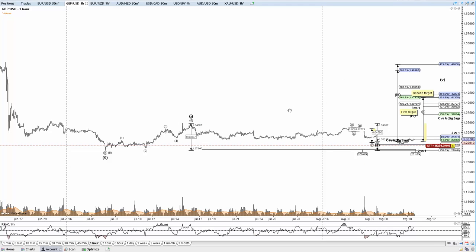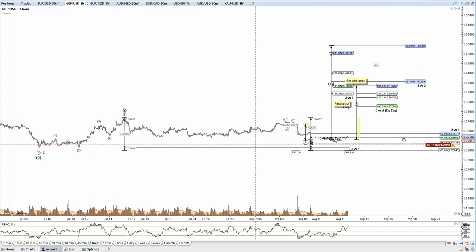Let's go to the pound USD and see what we got there. As you know, I established one position at this point here. This position was at the 1.3130 level. That was my first buying position. Then the second buying position I established near 1.3040, and I posted that as well in the video analysis and my trading journal.